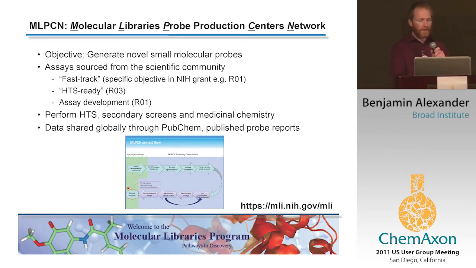So we need to run through our assays, and the goal is to produce either publications or probes. Everything that we generate, after an initial waiting period of 6 months, goes straight into the public realm through PubChem.